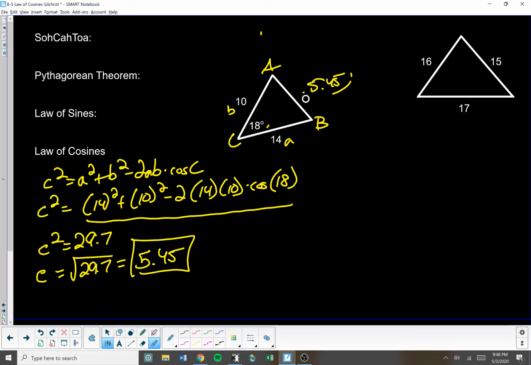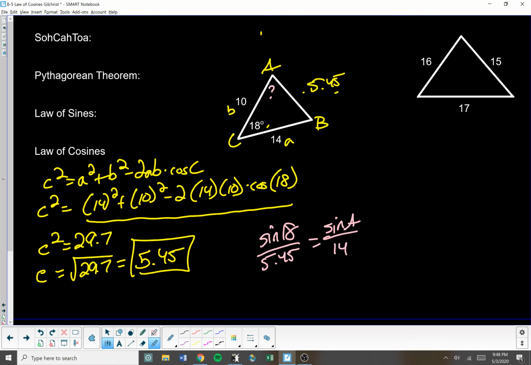So if I wanted to find, say, this little angle A, I could do that now with my angle side pair using the law of sines. I could say the sine of 18 over 5.45 equals the sine of A over 14.